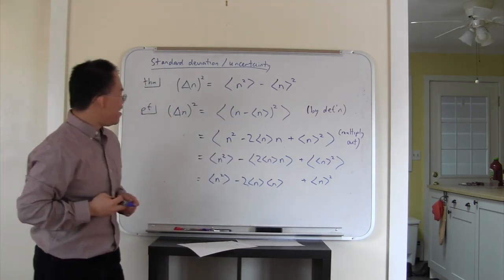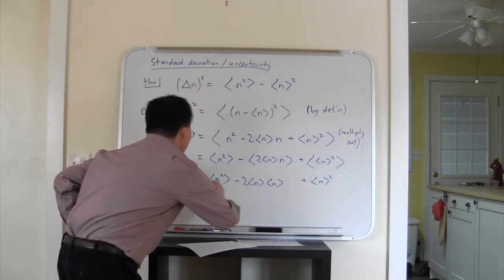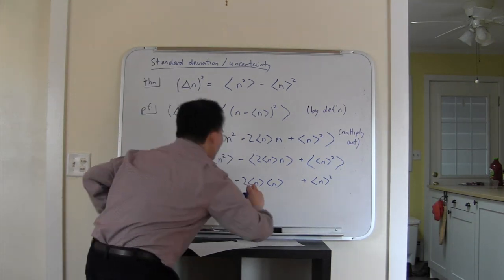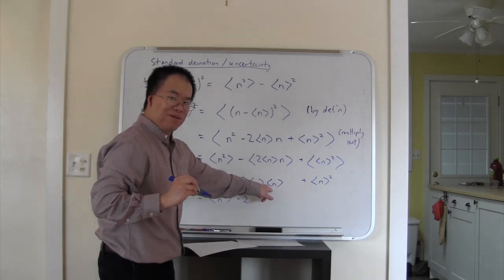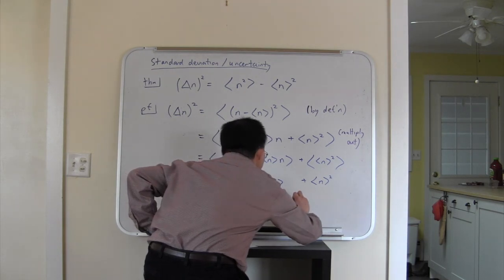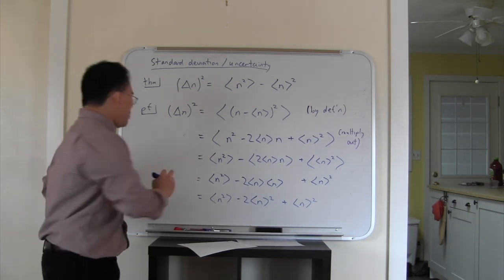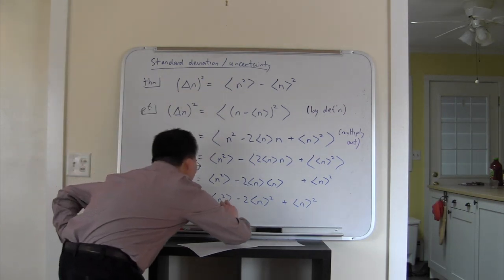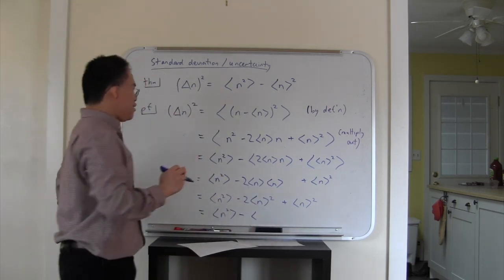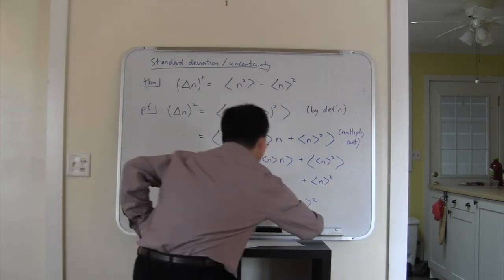And so now this is average value of n squared minus 2 average value of n times average value of n, which is just minus 2 times average value of n squared, plus average value of n squared. Simplifying this, we end up with average value of n squared minus average value of n, squared, and that completes the proof.